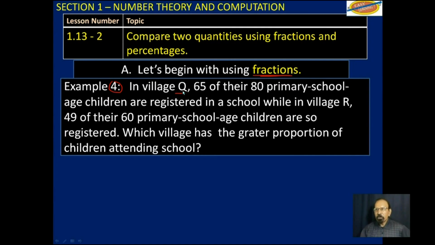In village Q, 65 of the 80 primary school age children are registered in a school, while in village R, 49 of the 60 primary school age children are registered. Which village has the greater proportion of children attending school? Now we are assuming that because they are registered, they are attending school.